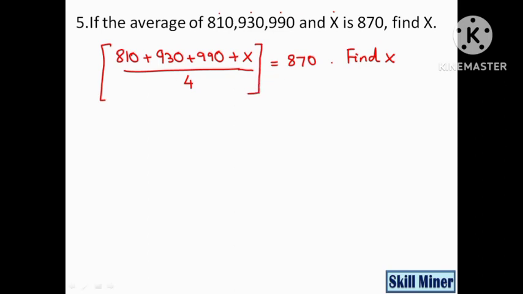Now we need to find the value of X. Okay, I'm cross multiplying. 810 plus 930 plus 990 plus X is equal to 870 into 4.